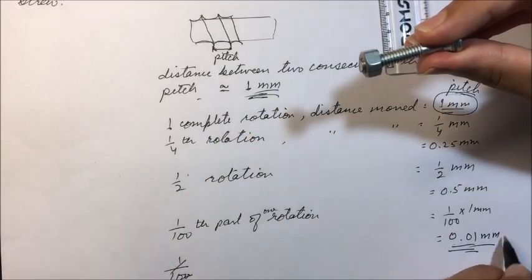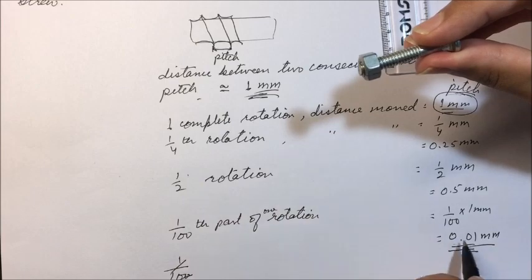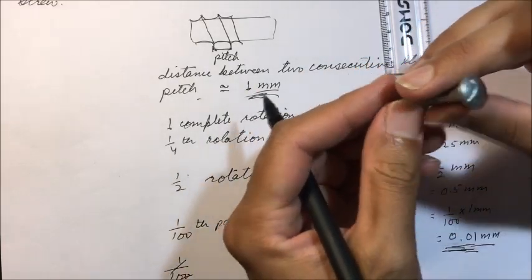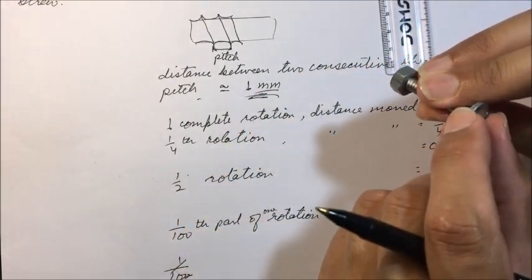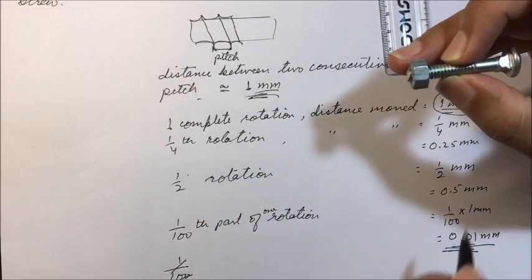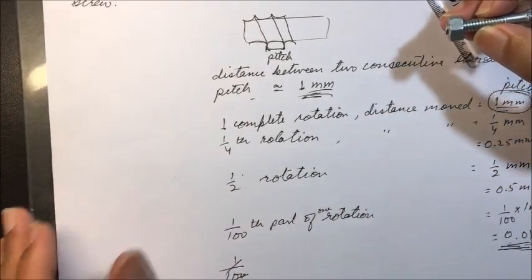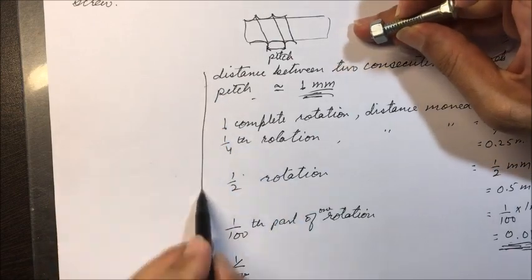This is the smallest measurement of any length that we can make using this circular head or this screw. So this is called the least count.